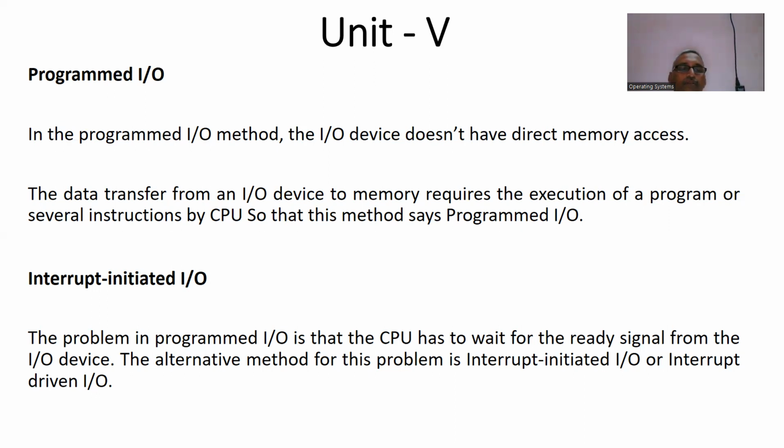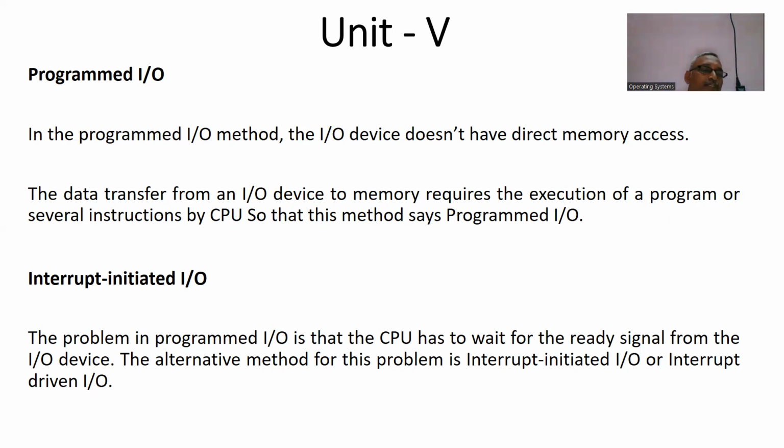The alternative method for this problem is interrupt initiated input-output, or interrupt driven input-output. In the interrupt initiated input-output method, the CPU issues a read command to the input-output device, checks the status, and then goes on to do some useful work. When the input-output device is ready, it sends an interrupt signal to the processor.